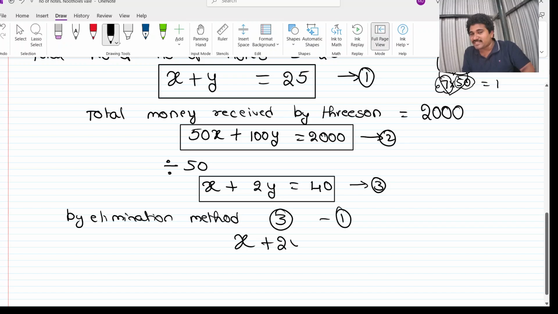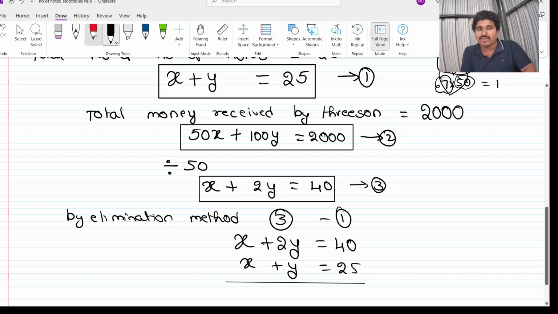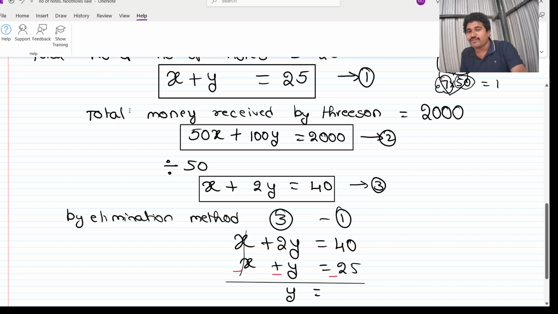X plus 2Y equal to 40. X plus Y equal to 25. Since I am doing subtraction, I have to change signs for the second. Minus, minus, minus. So how much will be the value? X minus X cancels. 2Y minus Y is Y, equal to 40 minus 25. How much?